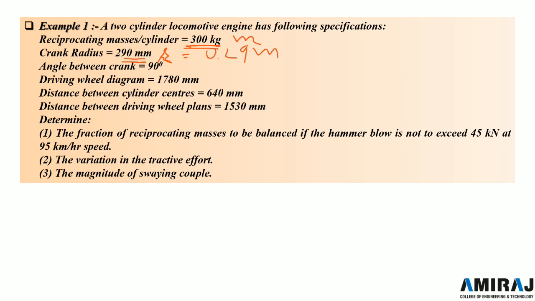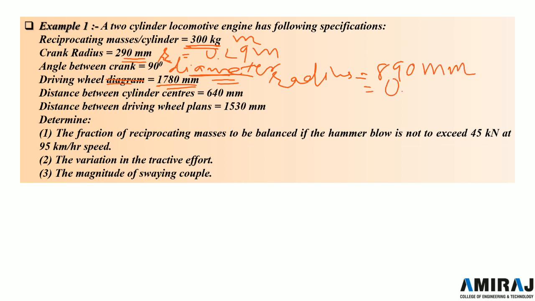The driving wheel diameter is 780 mm. Sorry, here it is a printing mistake, this is not diagram, this is the diameter of the driving wheel, which is 780 mm. So the radius will be half of it, and we will convert it into meters, so it will be 0.89 meter.